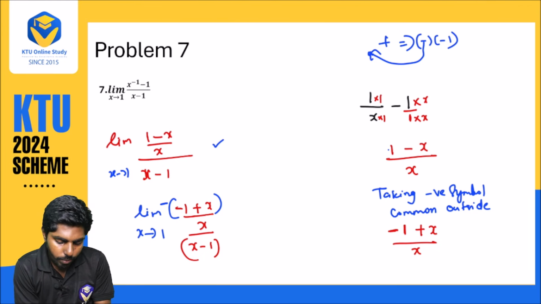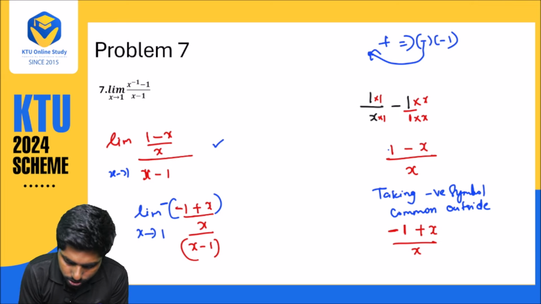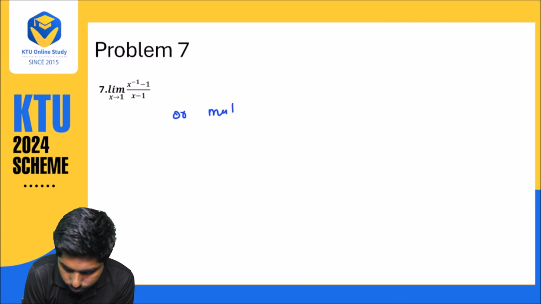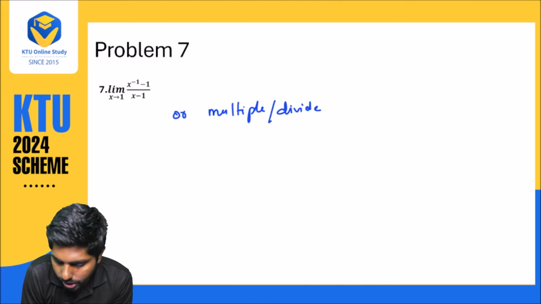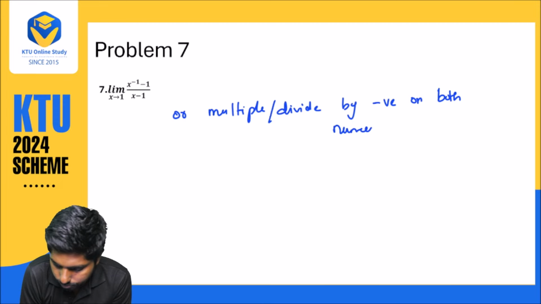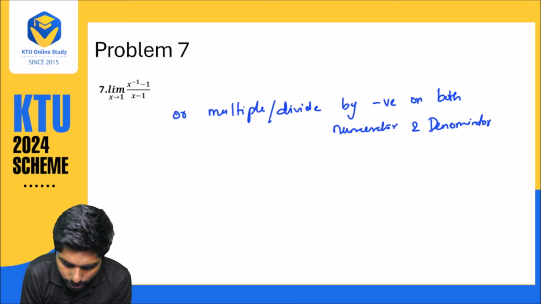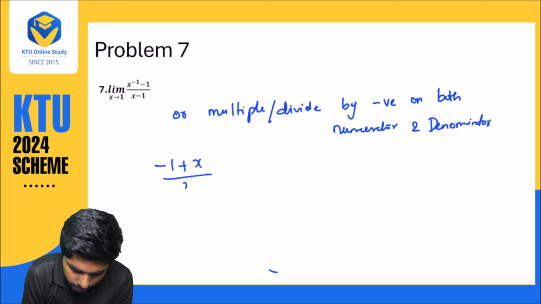Taking minus outside means you can multiply and divide by a negative symbol on both numerator and denominator. So it will become minus 1 plus x divided by minus of x minus 1.